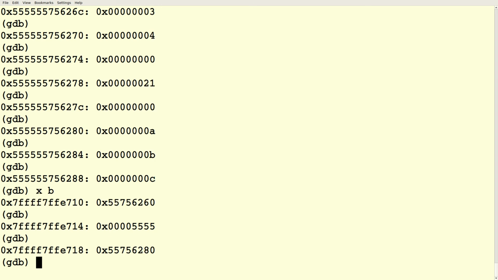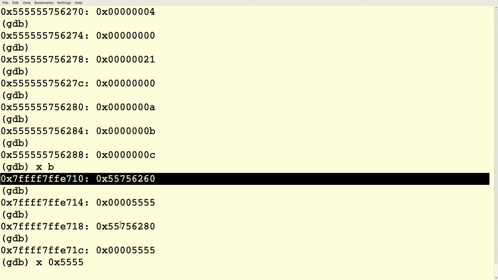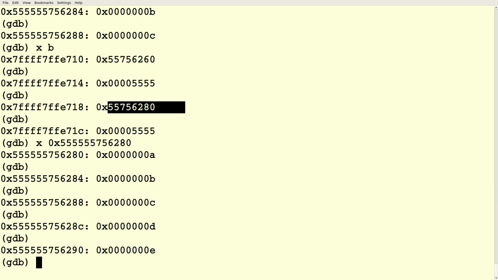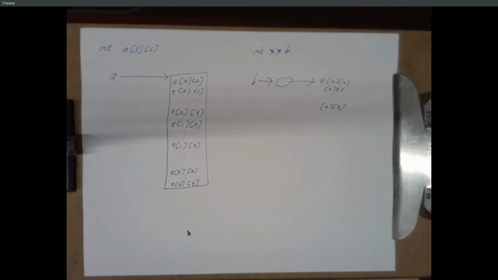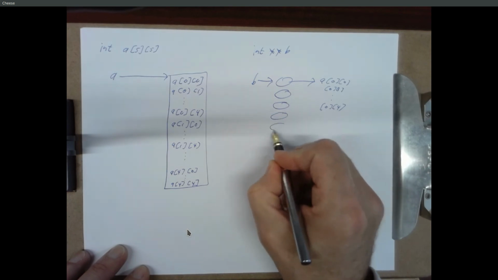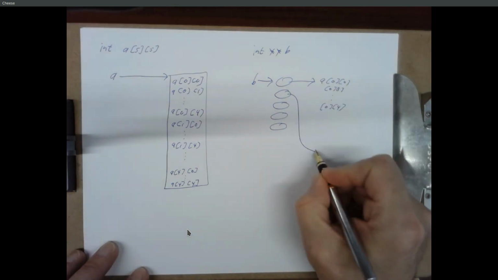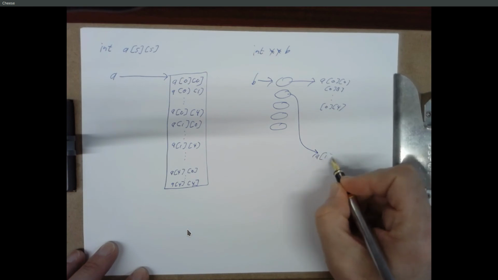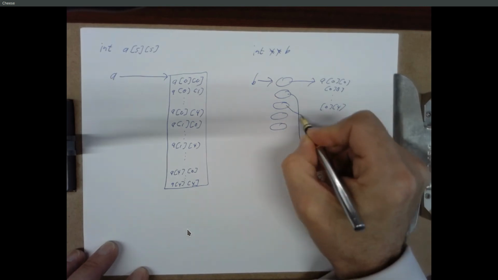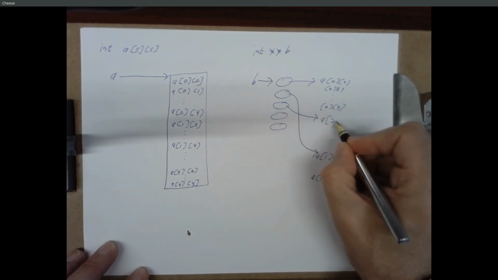Next to B, here's the next entry in B. And if I look at this location, there's my 10, 11, 12, 13, 14. So with integer star star, B points to 5 consecutive 8-byte locations, and these could be in any random order.